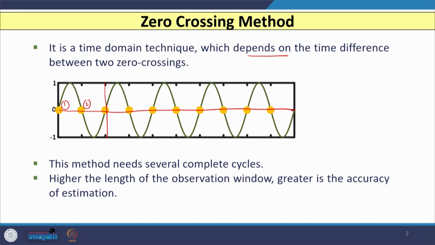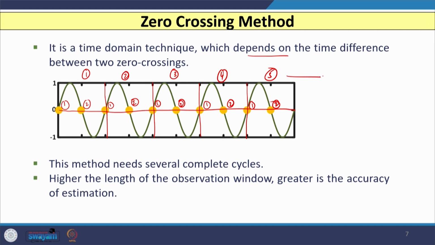Similarly, when we go to the next cycle, in this second cycle, this is the first zero crossing and this is the second zero crossing. In the same way, as you move from one cycle to the other, you will have the first and second zero crossing for each and every cycle. Here we have considered 5 cycles: first, second, third, fourth and fifth. For each cycle you can see there are 2 zero crossings.